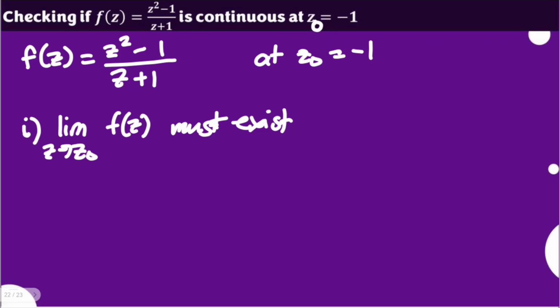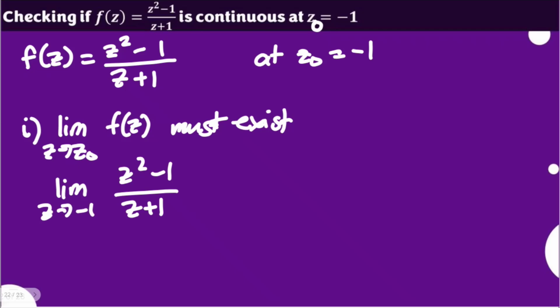Now, take note here that if we have the limit of the given function z squared minus 1 over z plus 1 as z approaches negative 1, we can actually use the limit theorems that we know, or the direct substitution that you can think of. Of course, it's not always true to use substitution, so why not use the properties or the limit theorems if we can.